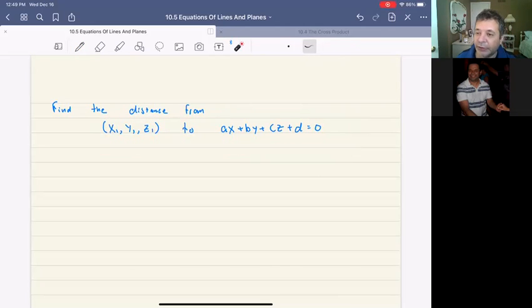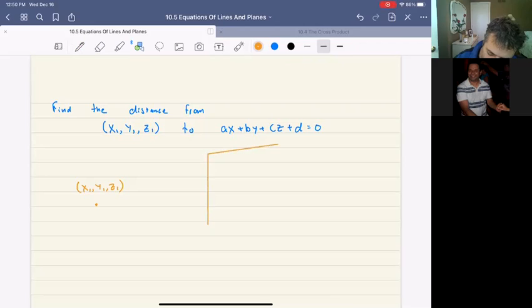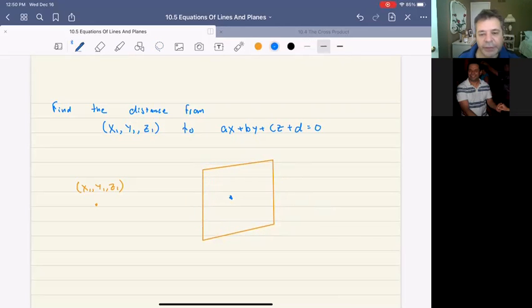All right, so same exact process. We have a point. Now we're going to give it a name, x1, y1, z1. We have a plane over here. There's a point at which the line intersects.